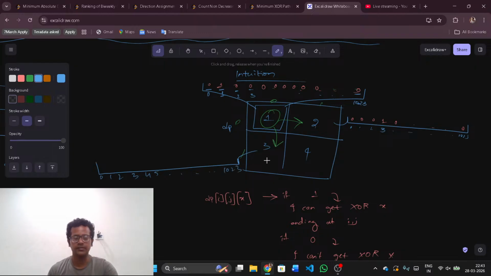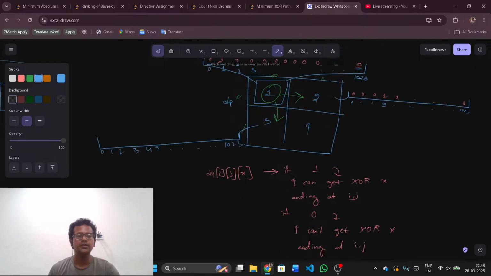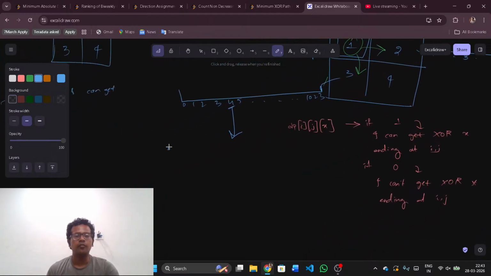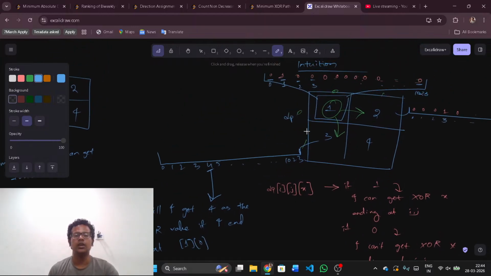What I said here, this 4 is nothing but: will I get 4 as the XOR value if I end at cell 1 comma 0?